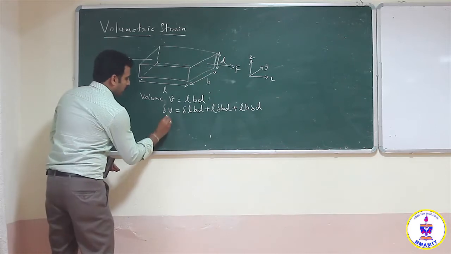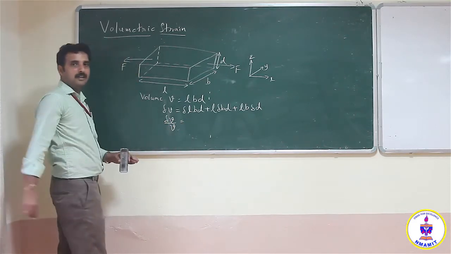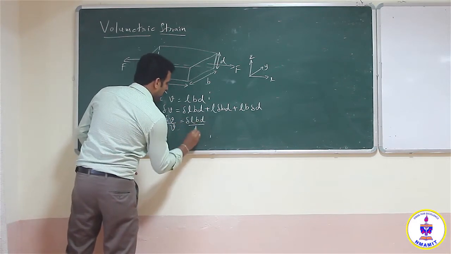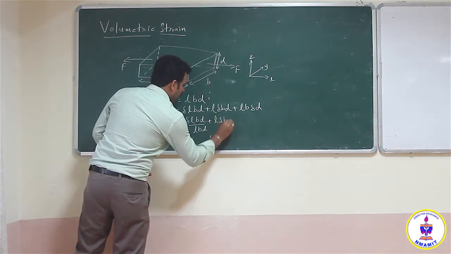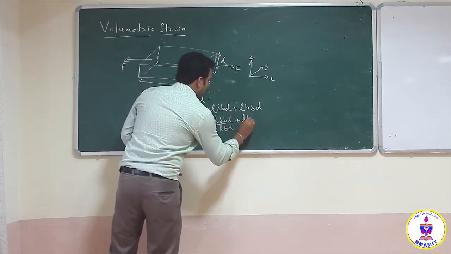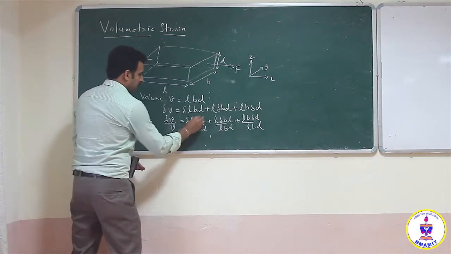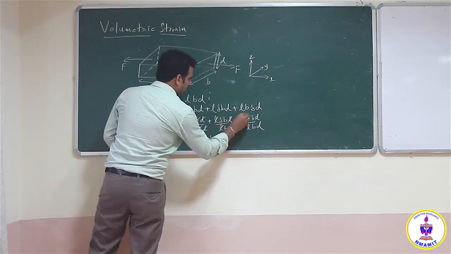Now if you divide the change in volume by the original volume, we will get the volumetric strain. It is delta L into B into D by L into B into D, plus L into delta B into D by L into B into D, plus L into B into delta D by L into B into D. These terms will get cancelled.